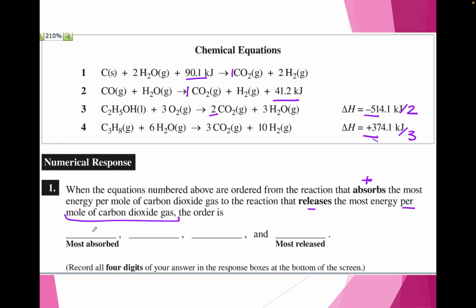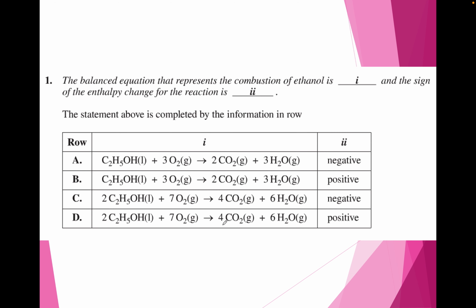So equation 4 would go first, then 1, and then looking at this last 2, if I divide negative 514.1 by 2, it's going to be larger than this 41.2. So that would be my last one, most release, which would make 2 the second last. So just going through it and being able to understand the values from largest to smallest.